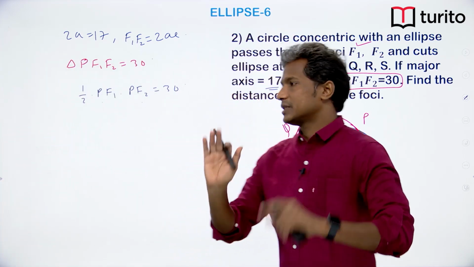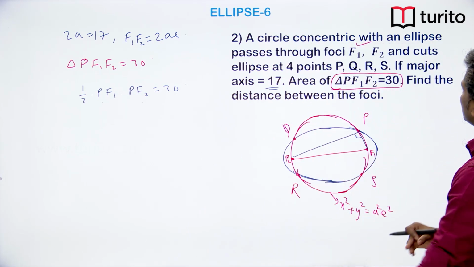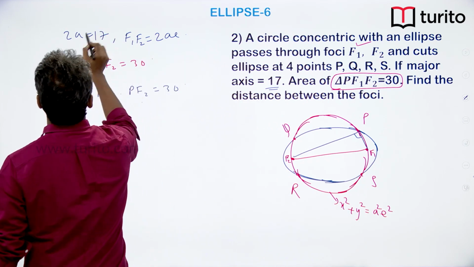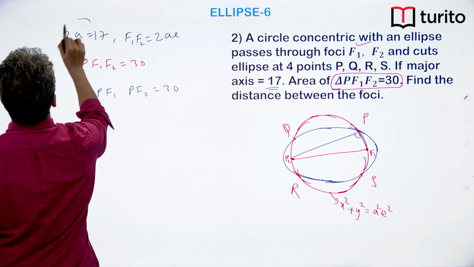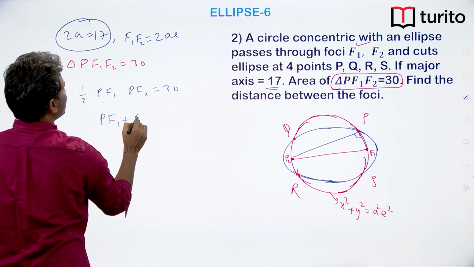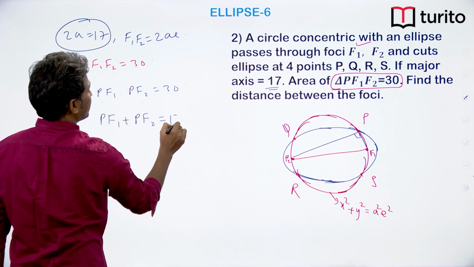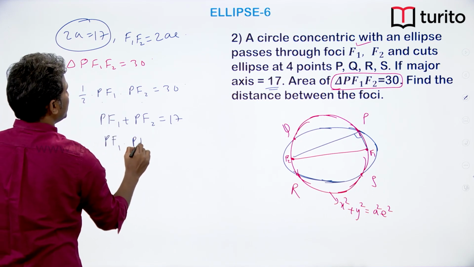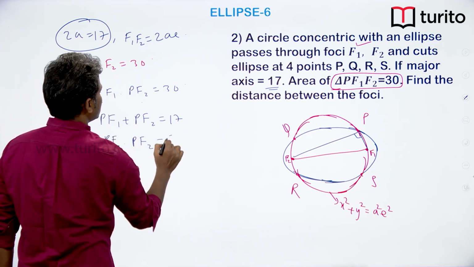We got one piece of information here. The other information we got is directly from here, because it is given that the major axis is 17. So PF1 plus PF2 is going to be 17, and the product of these two numbers, PF1 into PF2, is going to be 60.